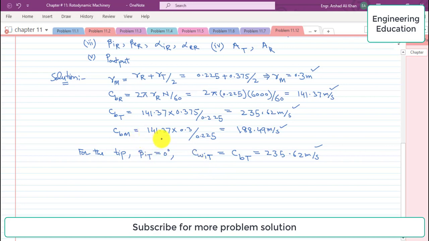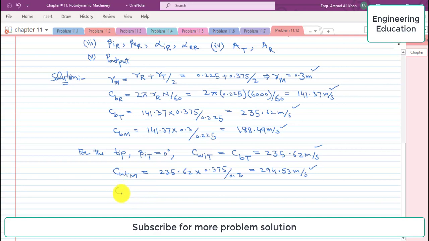Also, CWIM, the whirl velocity at inlet at mean radius, is equal to 235.62 into 0.375 divided by 0.3, and its value is 294.53 meter per second.